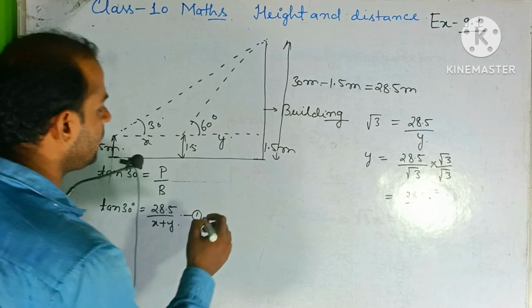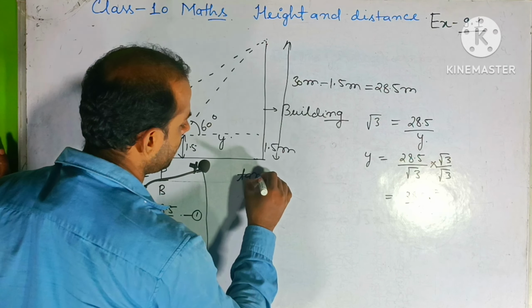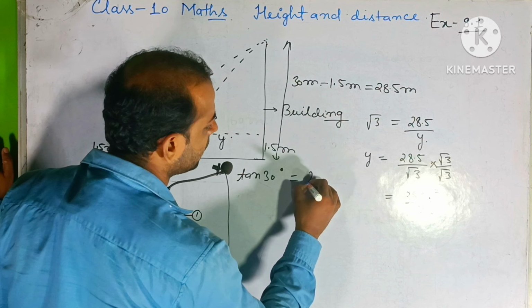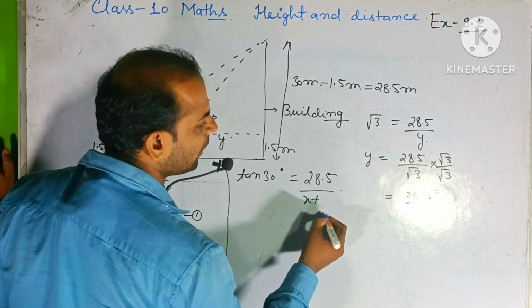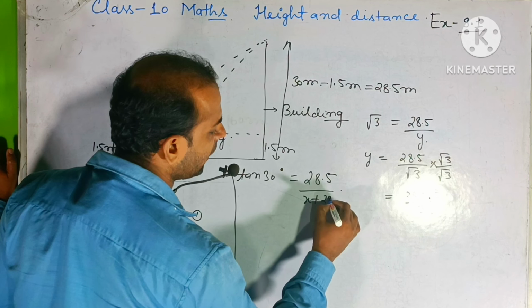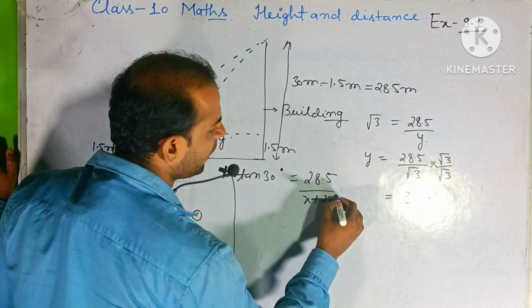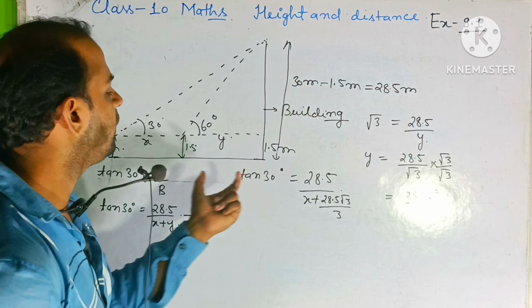Now see, tan 30 is like this. Tan 30 is equal to 28.5 upon x plus y, and the value of y is 28.5 root 3 by 3. This is the value, and now see what I am going to do. I will put the value of tan 30 over here.